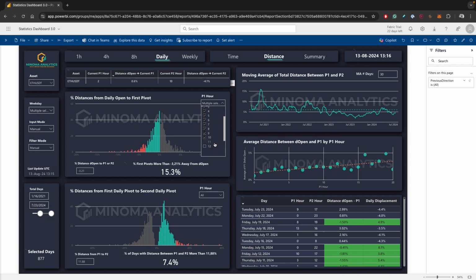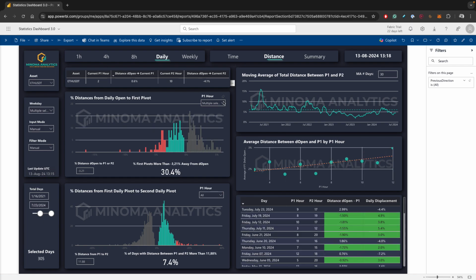We had 15.3%, remember that, and now suddenly it's 30%. So we can see that's a big difference, right? When we were looking at all data, only 15% of days had a P1 further away, so it was very low probability.